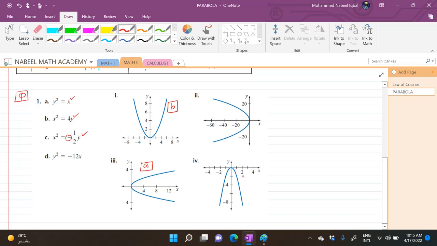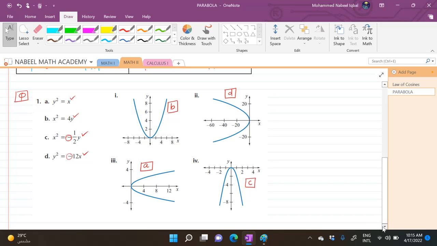So this is C. Now the next one, y square equals minus 12x. The parabola opens on the x-axis, but on the negative side, which is leftward. This is D. So this is the basic problem in which we identify the graph with the correct parabola.